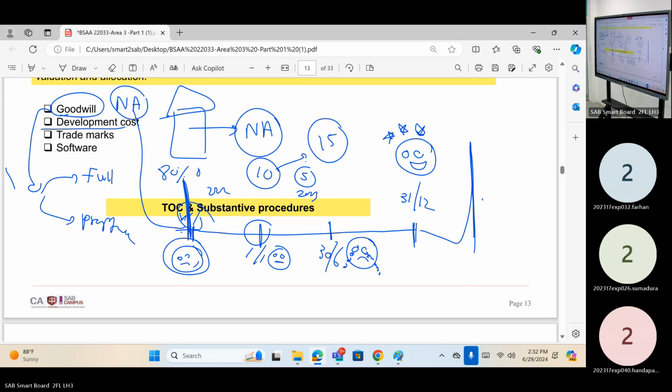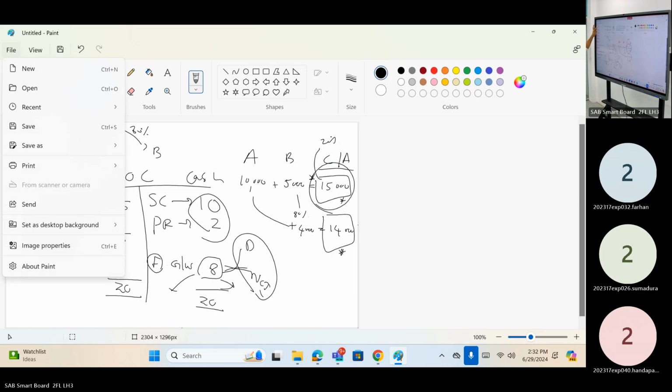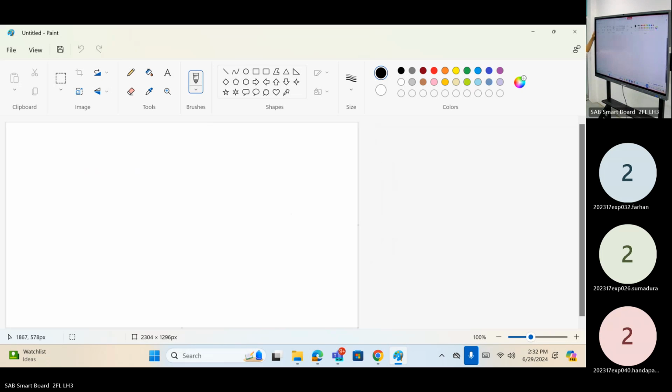Investments. It's a financial instrument. Financial instrument can be divided into two: financial asset and financial liability.